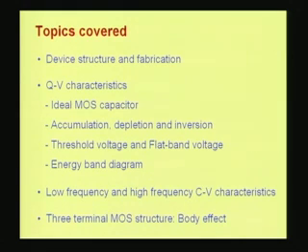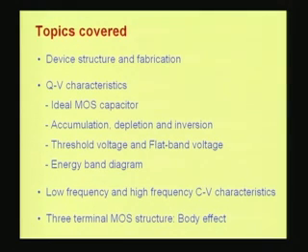We considered the accumulation, depletion and inversion regions of operation. We defined the threshold voltage and flat band voltage. We also drew the energy band diagram because we showed that if you want to understand the work function difference contribution to the flat band voltage, you have to understand the energy band diagram. The work function difference is nothing but a built-in voltage of the MOS junction.